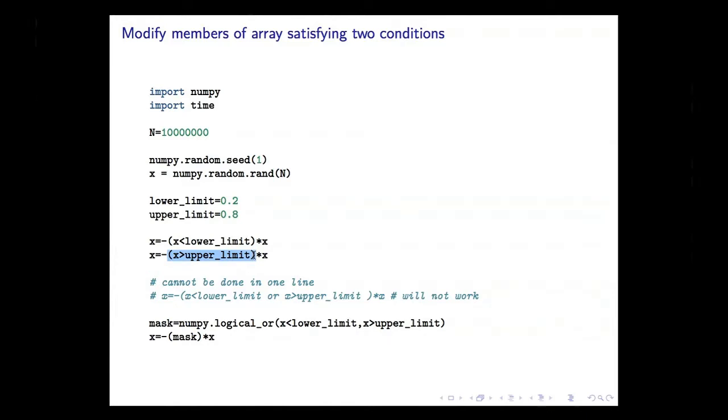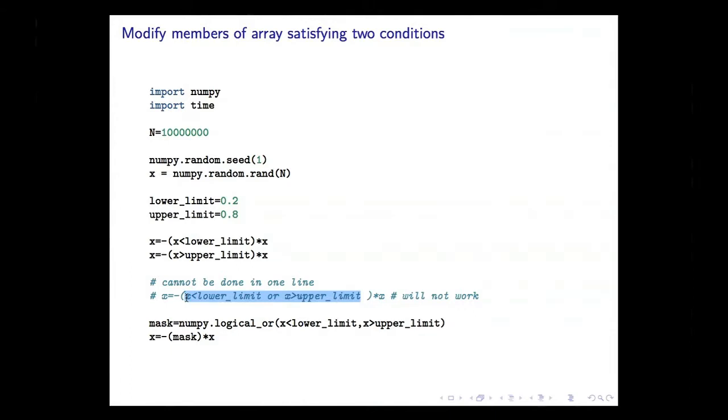Now the question is, could I do this in one line? What if I try to combine this condition and this condition with an OR? So I could have x equal to minus, x less than lower limit, or x greater than upper limit. Now this is a valid construction in typical Python, but it won't work in NumPy.